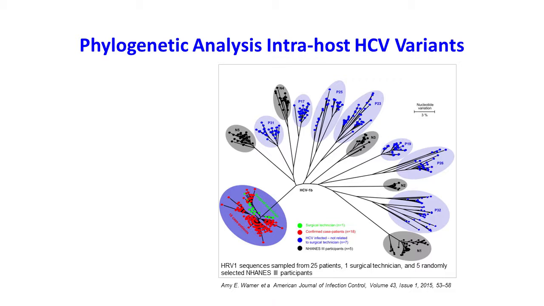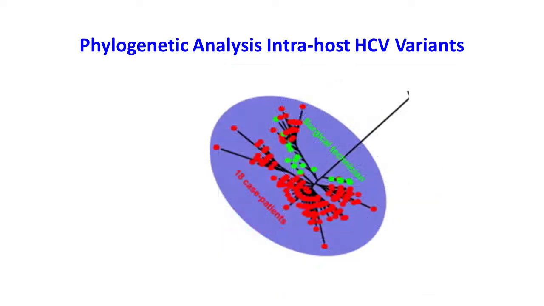Sequences from unrelated patients, including controls, formed separate clusters that are not associated with the surgical technician. Combined with epidemiological data, these sequencing studies confirmed without a doubt the source of HCV transmission in this particular infected patient. And this is just a blow-up showing the 18 case patients and the surgical technician sequences that are intermixed with the 18 cases.